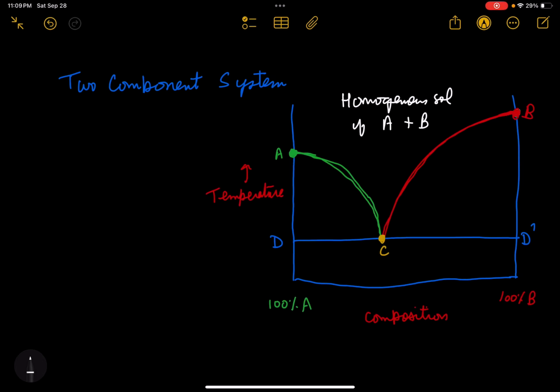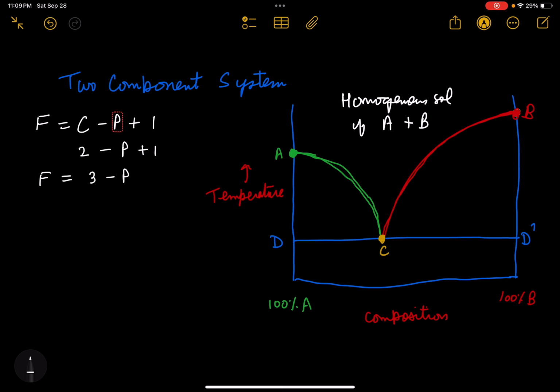For a two-component system, we apply the reduced phase equation, which is F is equal to C minus P plus 1. Here the number of components is 2, so we get F is equal to 3 minus P, which is the reduced phase equation.